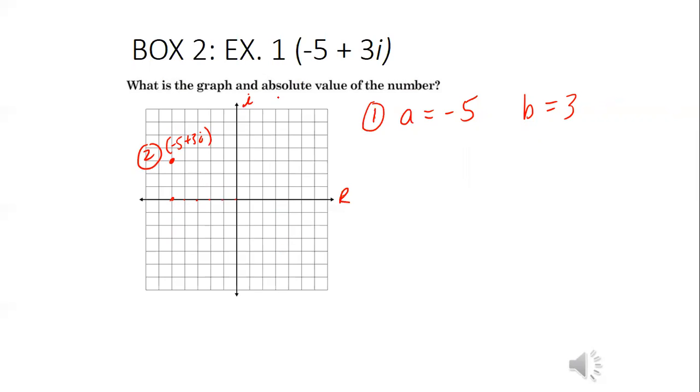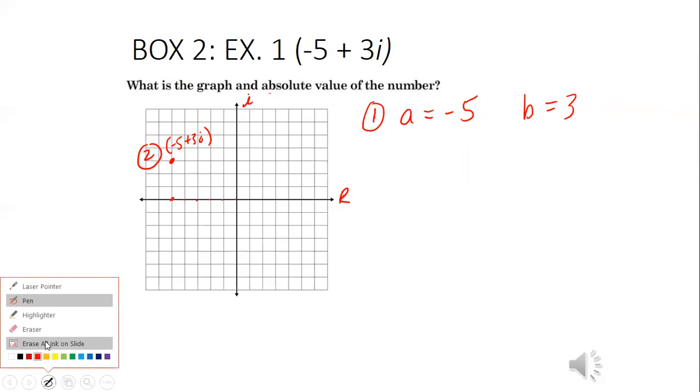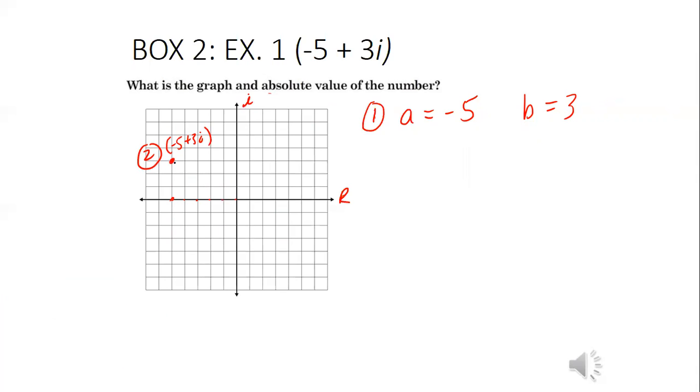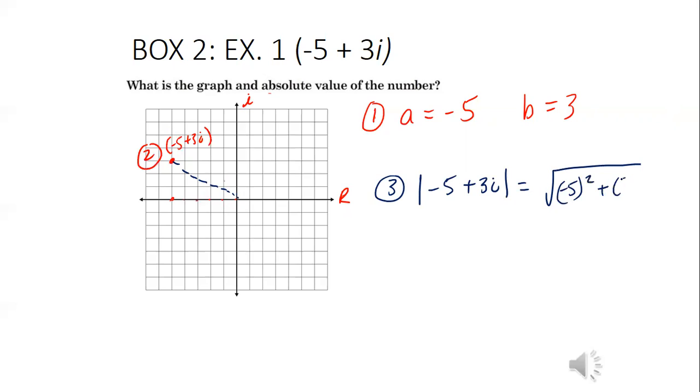The last thing I'll ask you for is the absolute value of the number. The absolute value of the number is its distance back to the origin. That's what you're looking for, the distance back to the origin. That's the absolute value, because remember, absolute value is just distance. So the absolute value of -5 plus 3i equals, and the formula tells us we take the square root of -5 squared plus 3 squared.